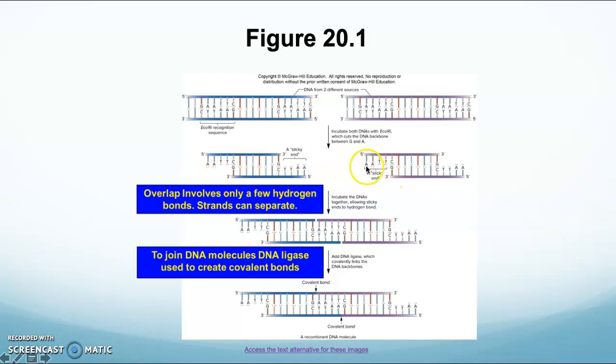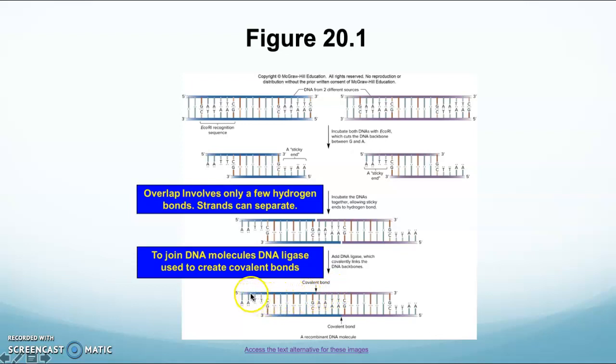What's nice about this is these sticky ends are complementary to the other ones. And so what we get is an overlap of a few hydrogen bonds, and these sticky ends will stick together. Now, before we go ahead and look at this, what we want to do is use ligase to covalently link the DNA backbones.